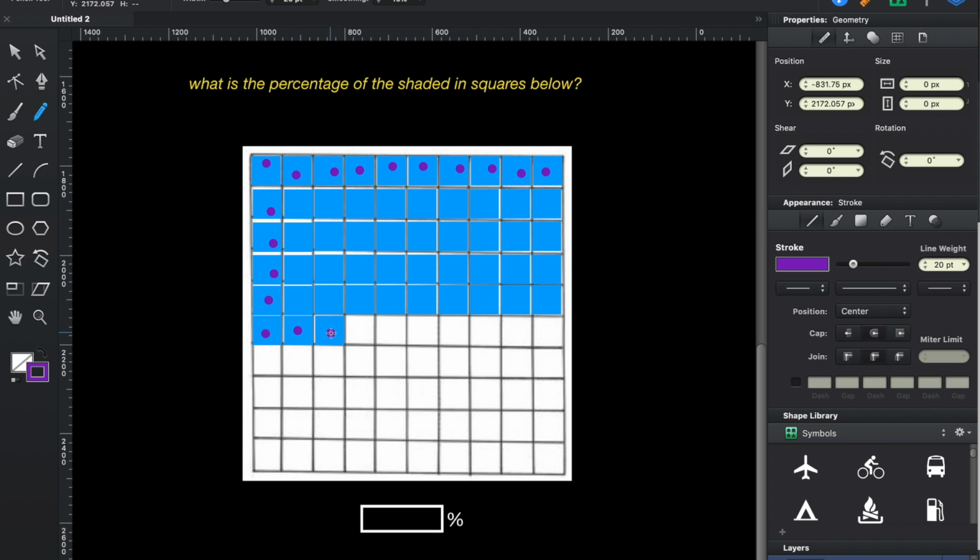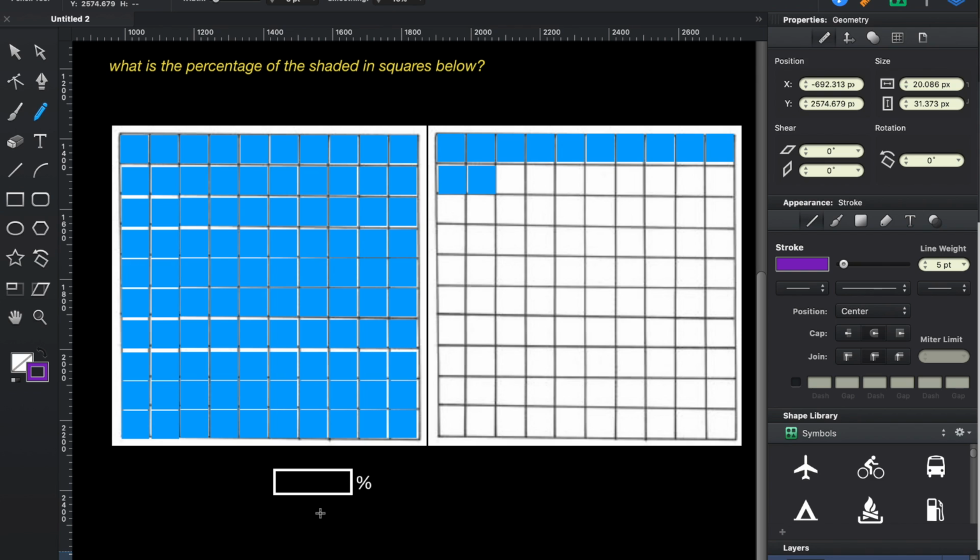We just have to count those. We have 3 squares there. So the percentage of the shaded in squares here is 53.